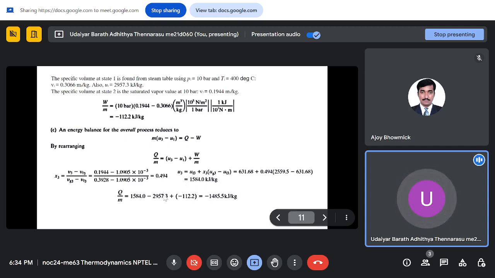So on substituting this, we'll find that q by m, heat rejected, is minus 1485.5 kilojoule per kg. So this is the net heat transfer which is happening during the process 1 to 3, or the overall heat transfer.